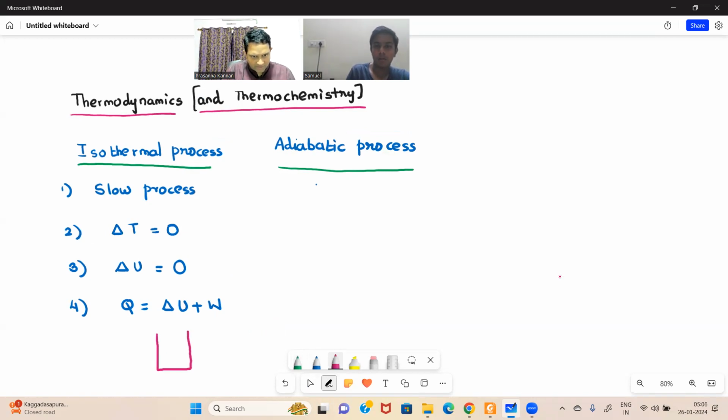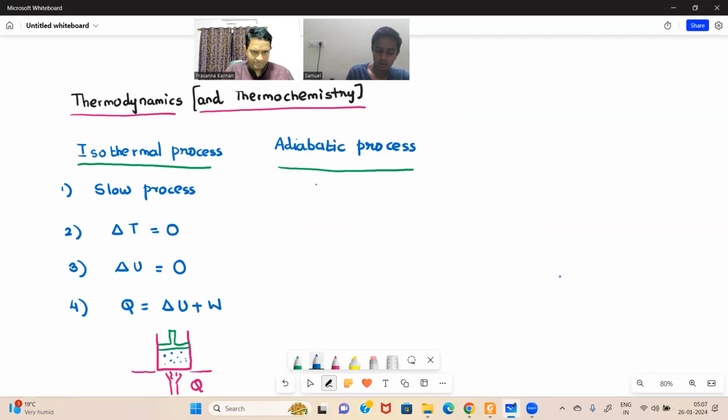Let's say there is a cylinder. You're supplying some heat to the system. Let that heat be Q. You have a piston, and gas molecules inside.